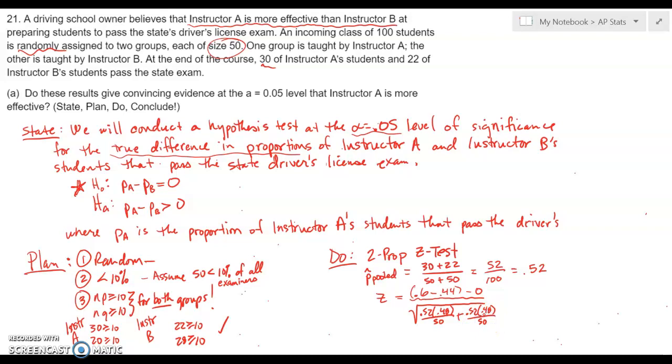So there's what it looks like pieced together. Simplify and you get a z-score of about 1.6. So let's actually run the test. I'll show you the calculator steps here. We'll run the test and get a p-value from our calculator.